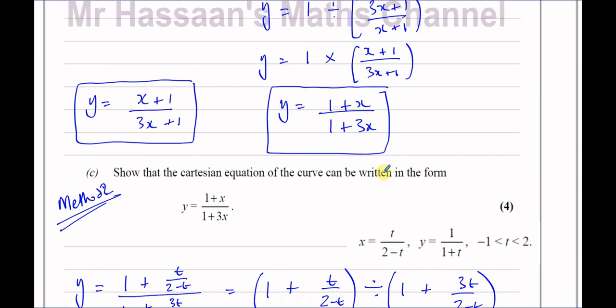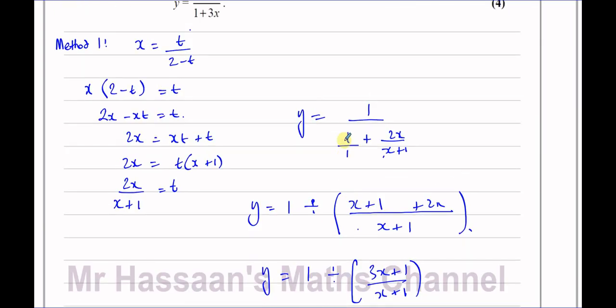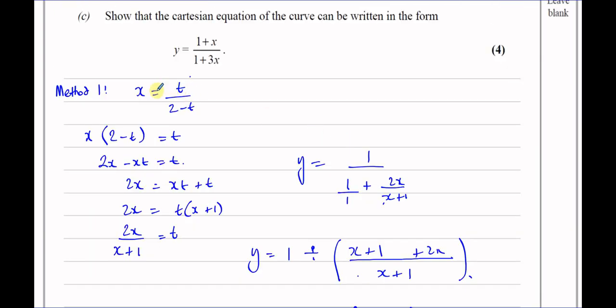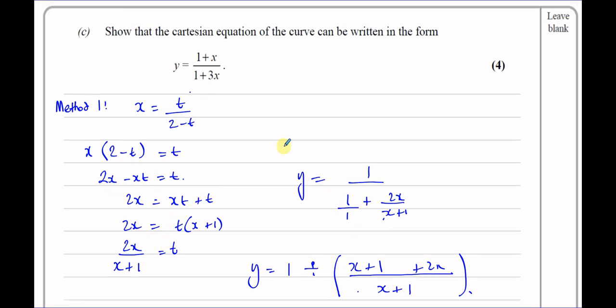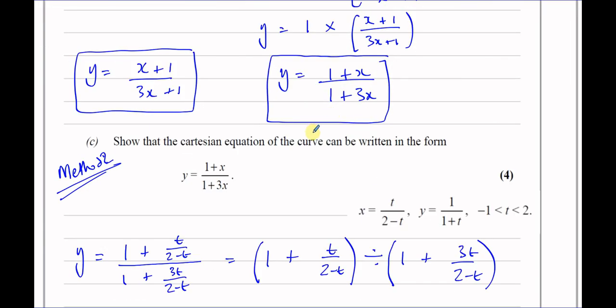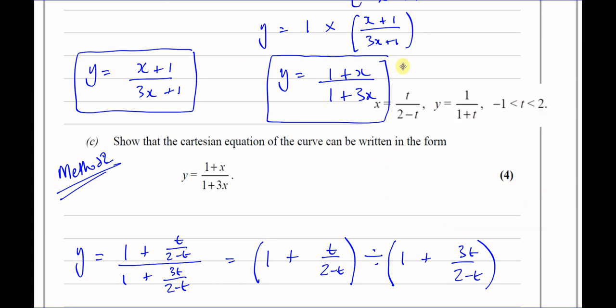I think the first way is better, where we made t the subject of the formula, and we replaced that t into the other equation. So we had our equations here. I've just copied them down here.